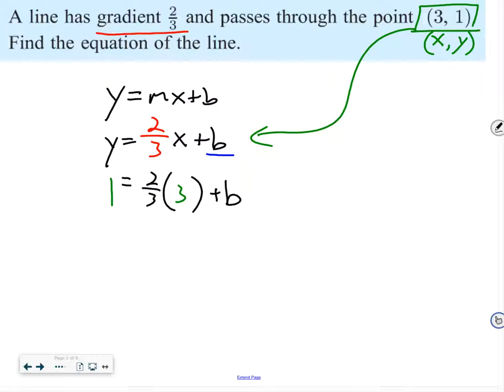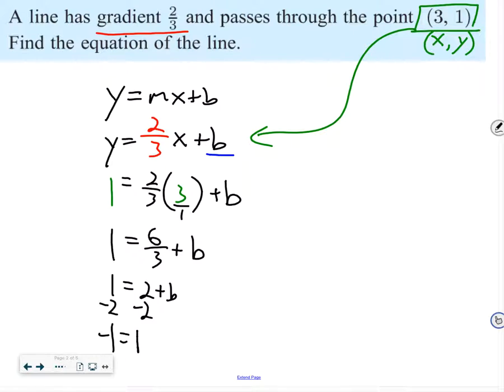So I get 1 equals 3 times 2 is 6 over 3 plus b. Okay, because that's like 3 over 1. Well, 6 over 3 reduces to 2 plus b. So subtract 2, subtract 2. So I get -1 is equal to b.